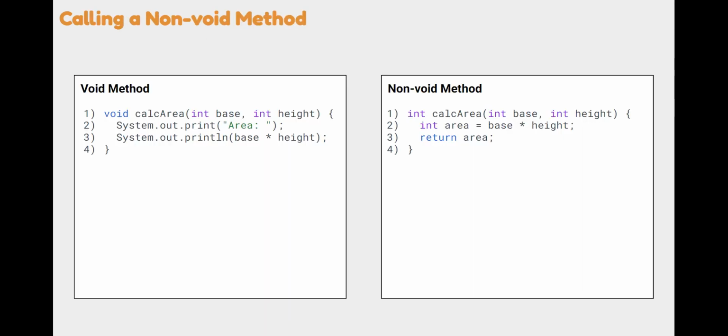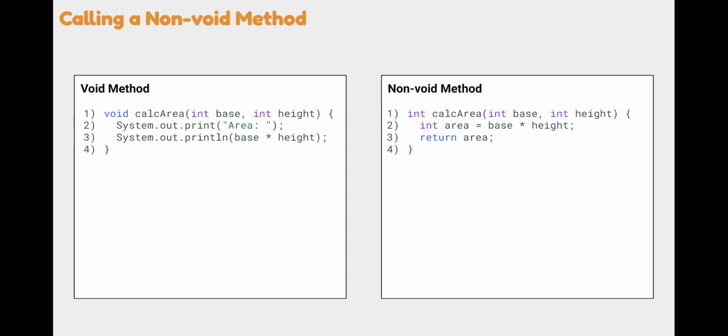So here we can see a void method and a non-void method side by side. The big difference shows up on line 1 in both sets of code. On the left, we have a return type of void, meaning we are not giving any data back. On the right, we have a return type of int, which means that we are going to return an integer value. They're both called calc area, and they both have a formal parameter list.